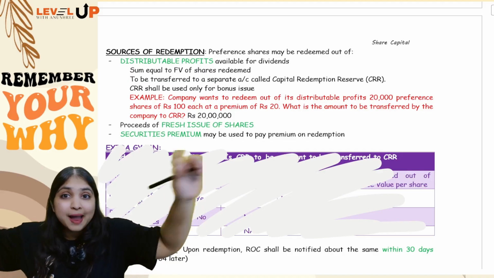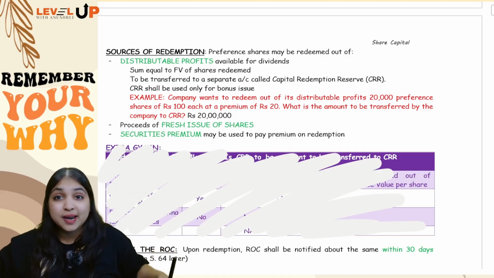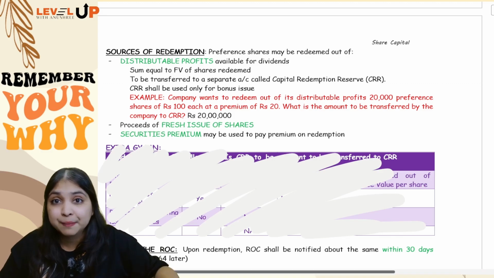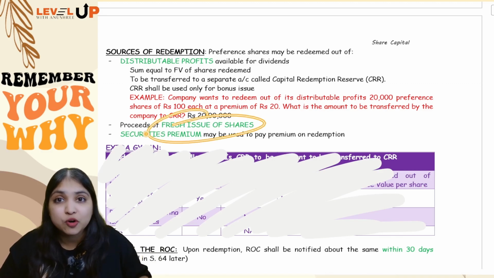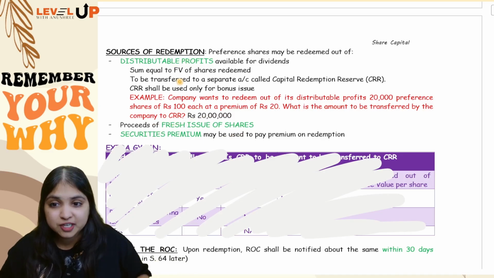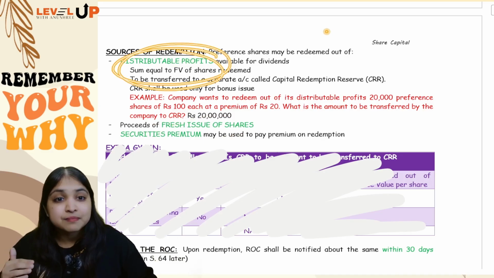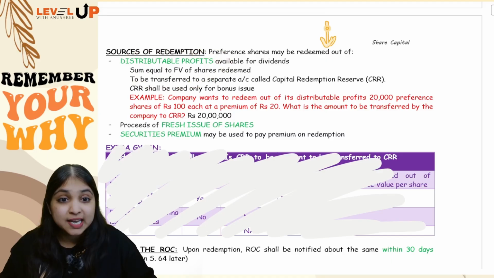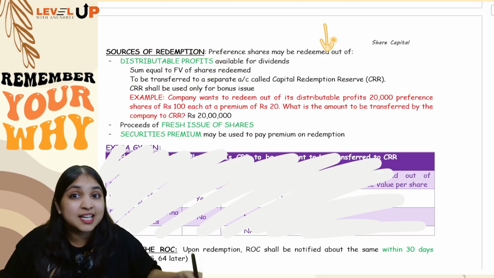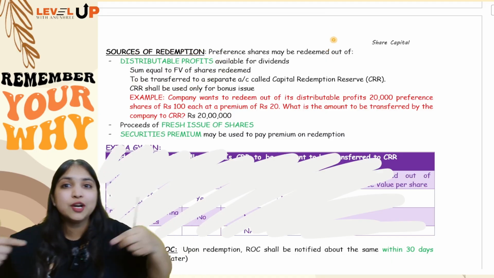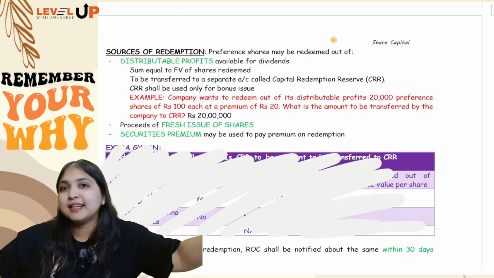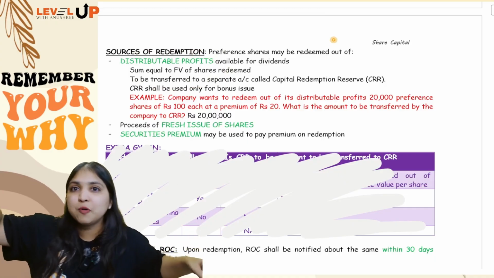Mr. Tom, bank, the whole thing we had discussed. We had discussed that if the company is redeeming preference shares without issuing more shares, if the company redeems preference shares by taking money from here, then the total capital in the company reduces. If the total capital in the company reduces, creditors will be unhappy because creditors don't want the company to do business only using creditors' money. Creditors want the capital amount to stay intact.